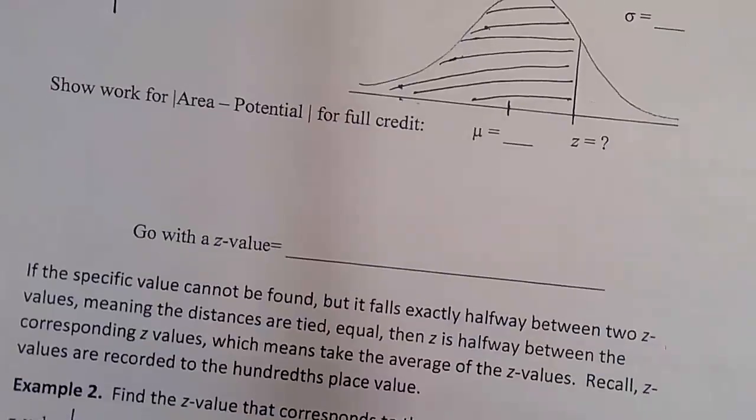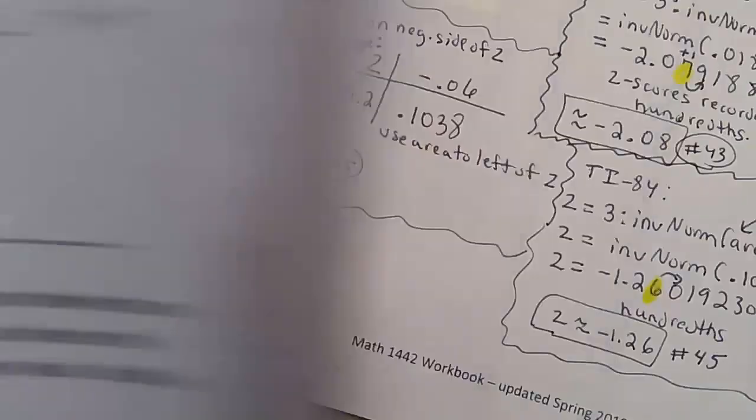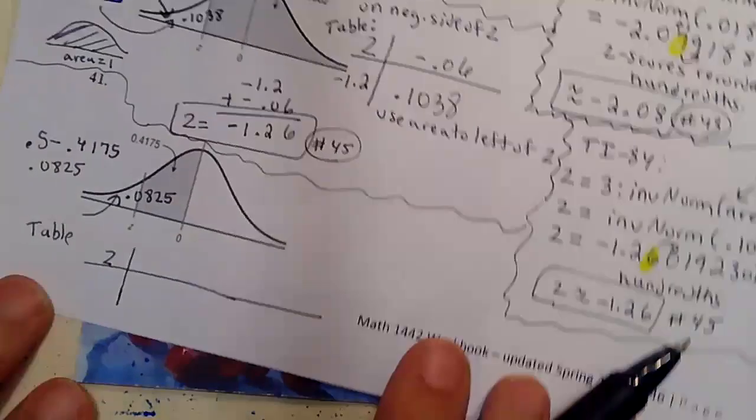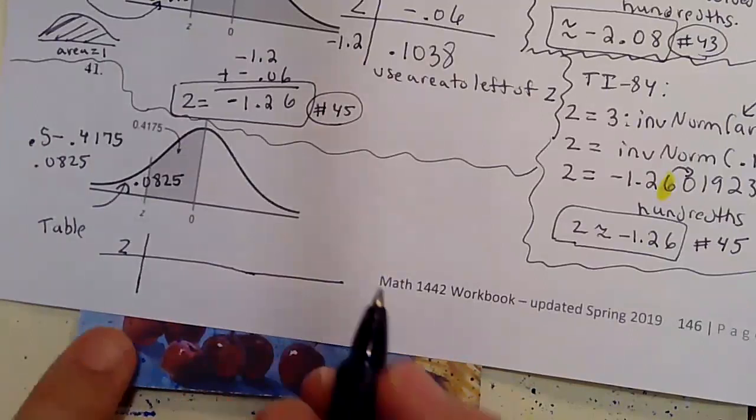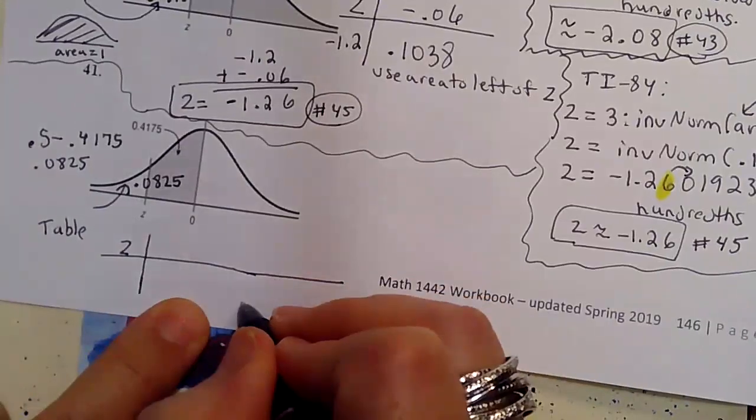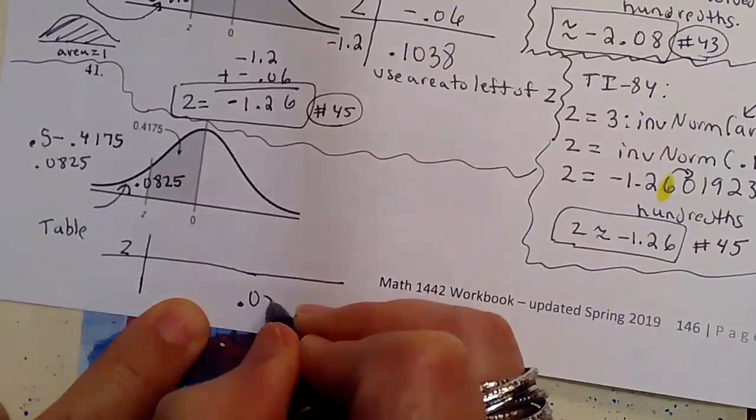I asked you to print this extra sheet out. Sometimes an area is going to be in between. You can't identify it specifically. It's trapped in between a couple of areas. And so that's why I'm making this longer. We're trying to look for 0.0825.